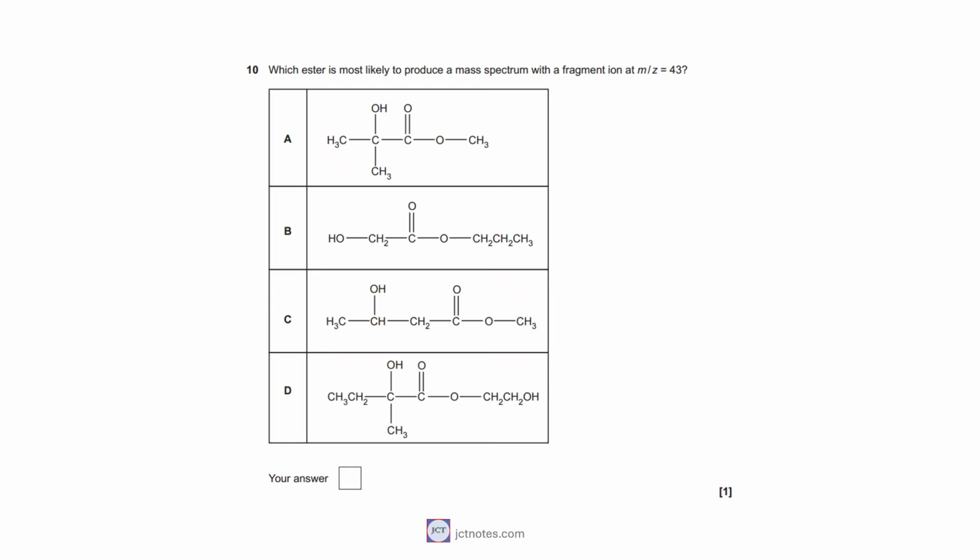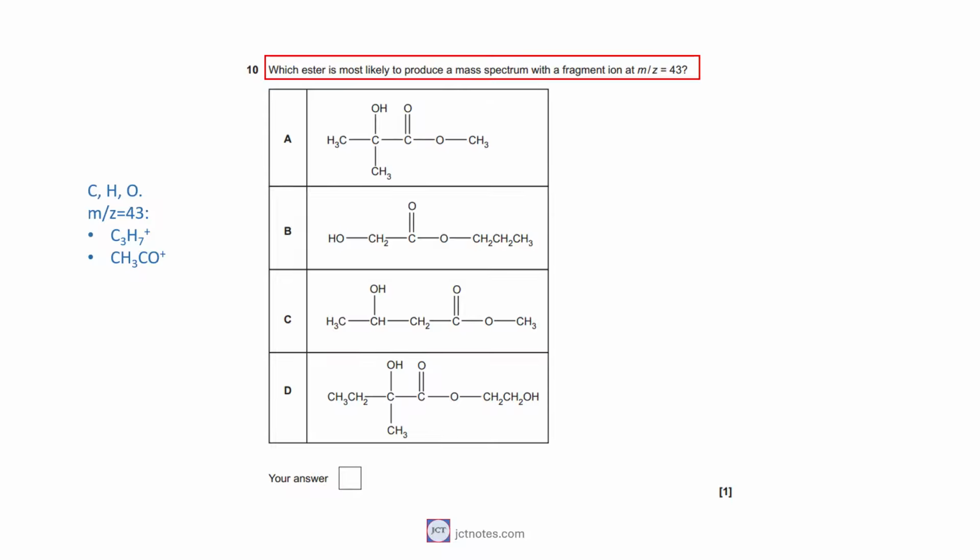In question 10, we are asked which of the 4 given esters is most likely to produce a mass spectrum with a fragment ion at mass over charge equals 43. The esters given are combinations of hydrogen, carbon, and oxygen. The most probable ions that could give mass over charge equals 43 are C3H7+ and C2OH3+.